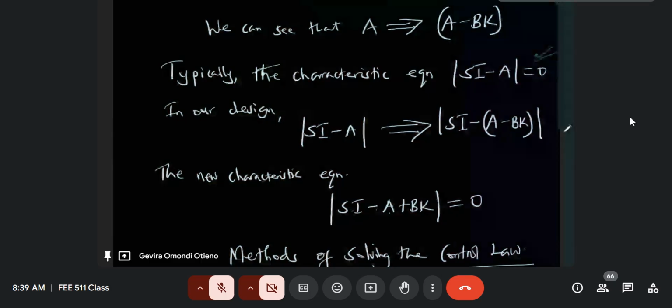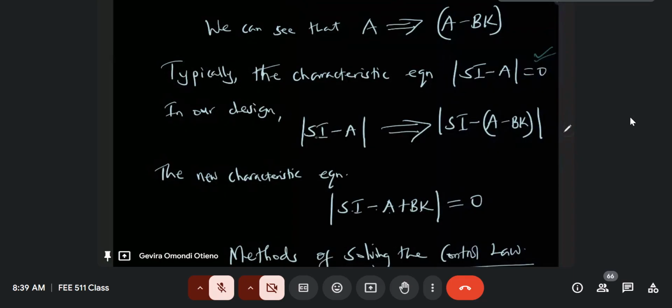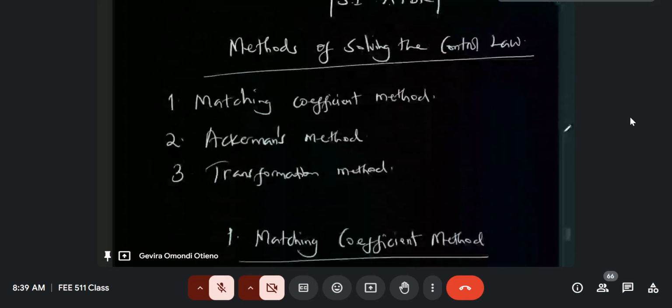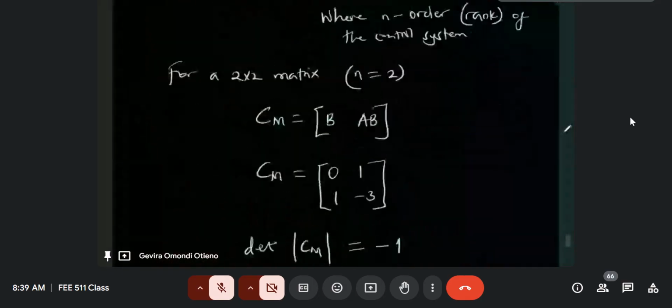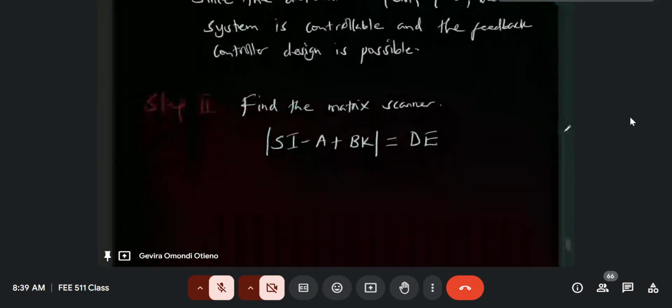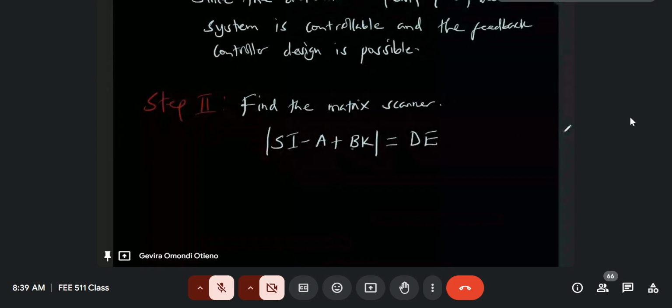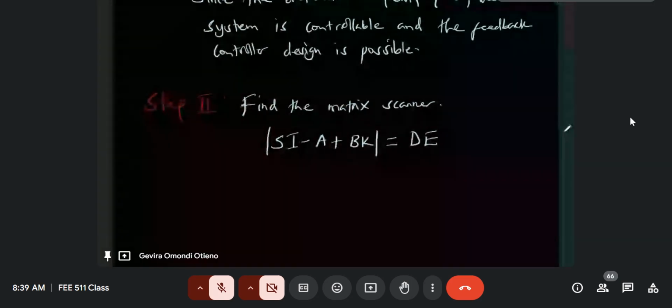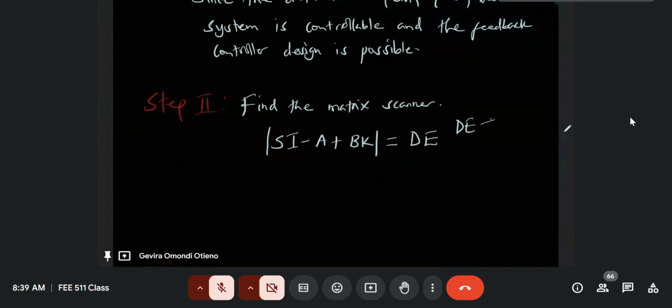Without the design, the characteristic equation is obtained by getting the determinant of SI minus A. But with the design, we have the new characteristic equation as SI minus A plus BK. So for us to be able to design properly, we have to write that our new characteristic equation should be equal to the desired equation. DE is basically the desired equation.